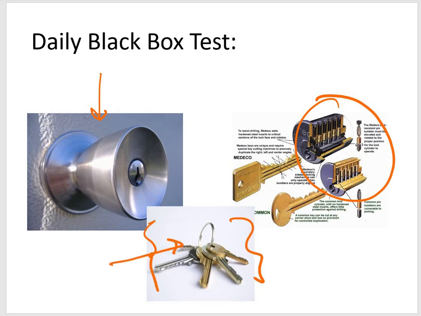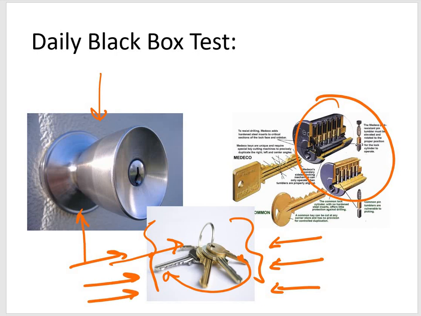Let's say I have similar-looking keys, 4, 5, 6 of them, and in order to unlock, we keep on trying these keys, which are similar in appearance, on this particular lock, and the correct one results in the unlocking of the lock.